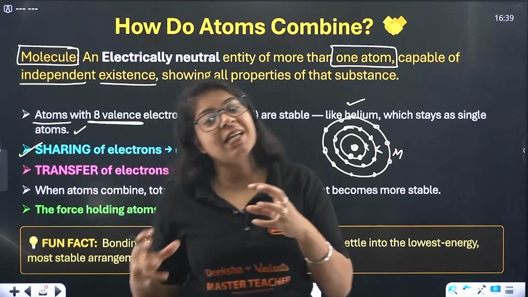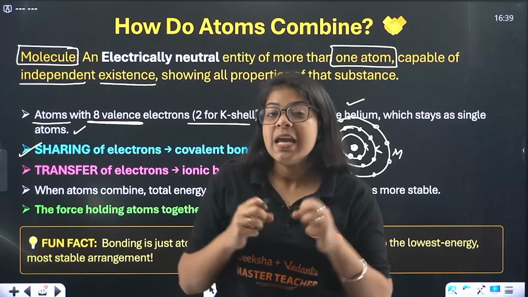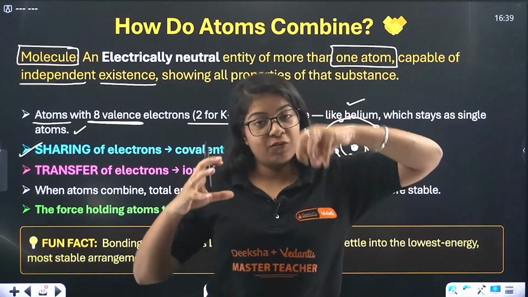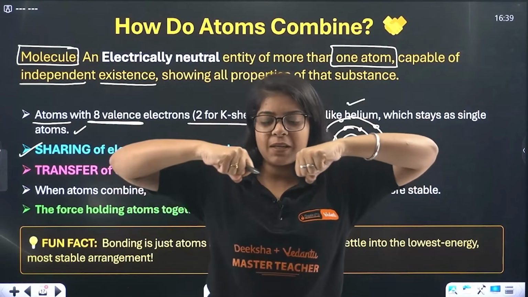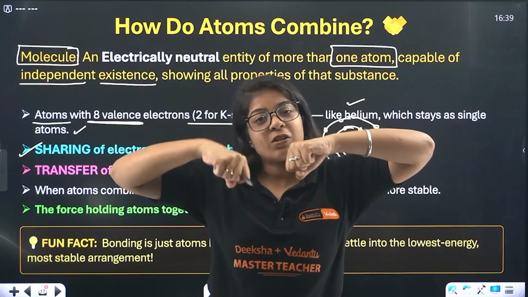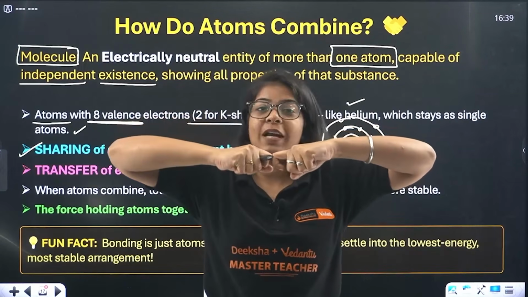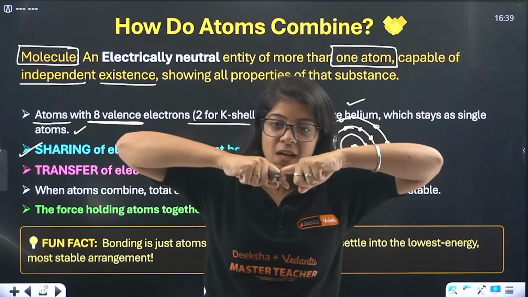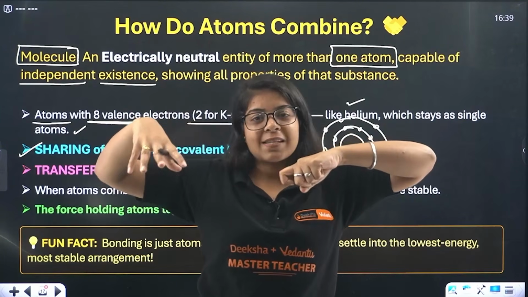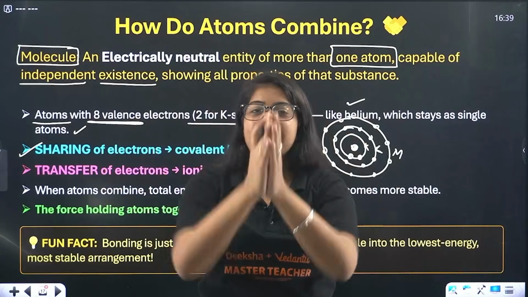When they share their electrons, one element comes, the other element comes and they're like, oh, you need 1 electron, I also need 1 electron. So let's share 1 electron each and we both will have 2 electrons. Understood? Your brother has half a chocolate, you have half a chocolate, you combine them into a full chocolate.